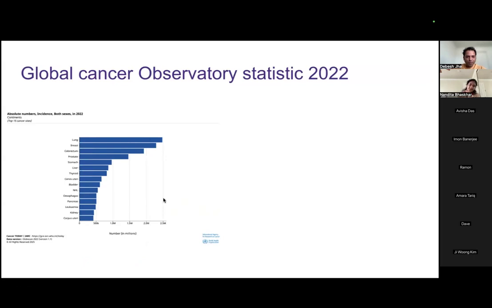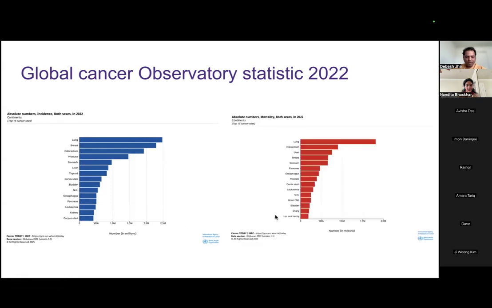So if you see the Global Cancer Observatory statistic 2022, based on the absolute number, lung cancer is the leading cause of the cancer, followed by the breast cancer, colorectal cancer, prostate cancer, stomach cancer, liver, and here are the top 15 cancers. And if you see the mortality rate, then again it is the lung cancer, colorectal cancer, liver cancer, breast cancer, stomach cancer, and so on.